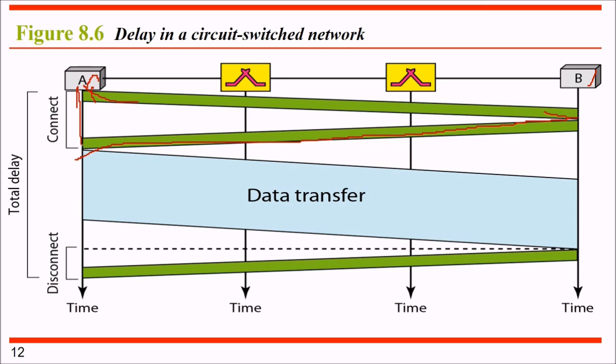This is the connection time. Now start sending the data. And there is a time for disconnection also. This is the disconnection time. So for each, we have a total delay of this amount. That means because it is a switch network, there will be a delay in your circuit switch network.